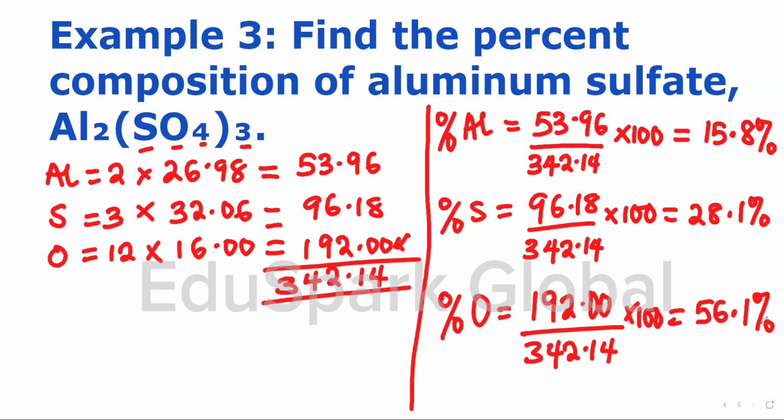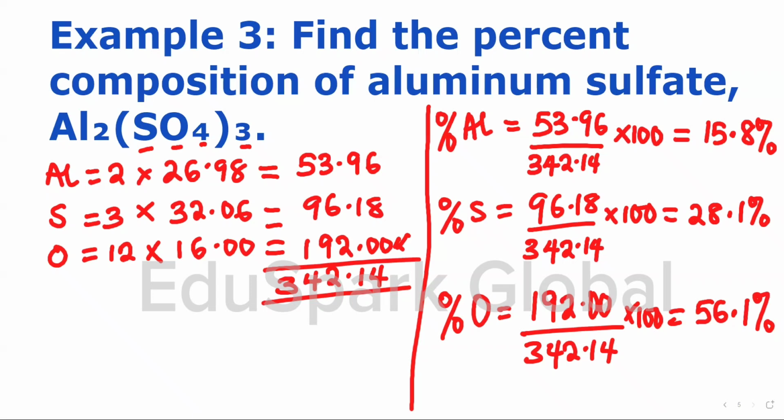There are some that are obvious, like H2O, where without calculating, we already know oxygen will be the highest. But for some of these, you might have to calculate to actually see which one is the highest, okay? So in that type of question, your answer would be that oxygen has the highest percent composition in the compound.